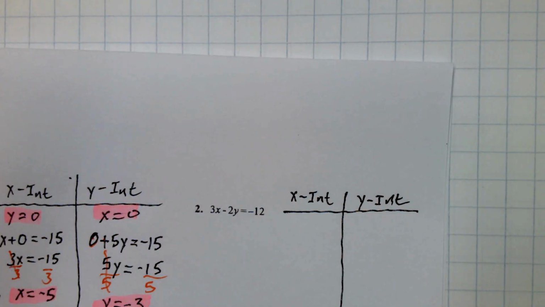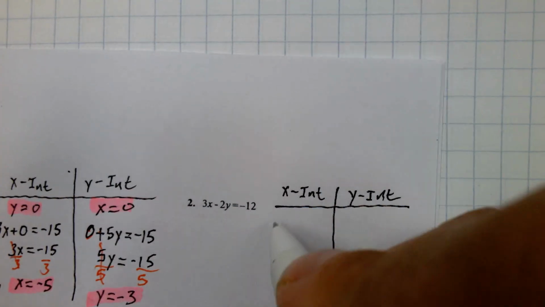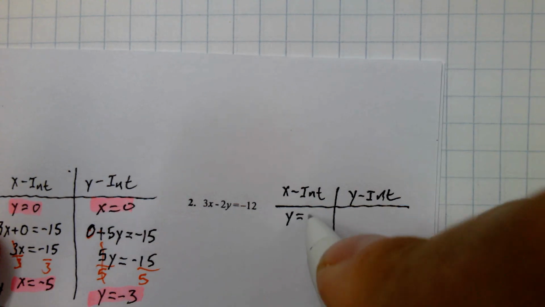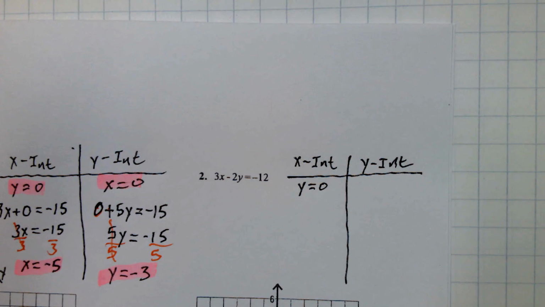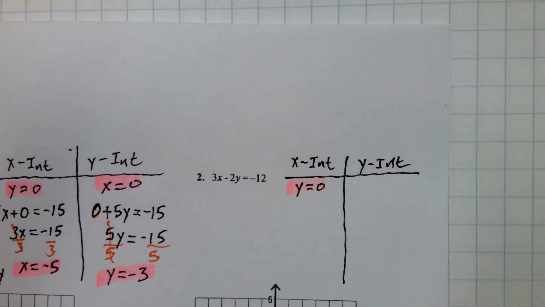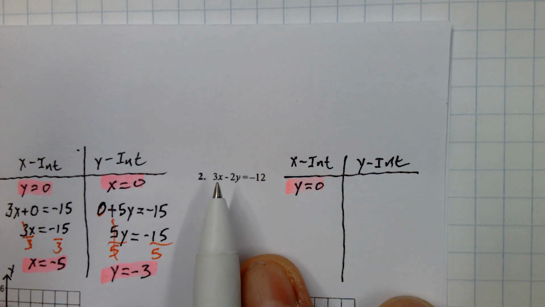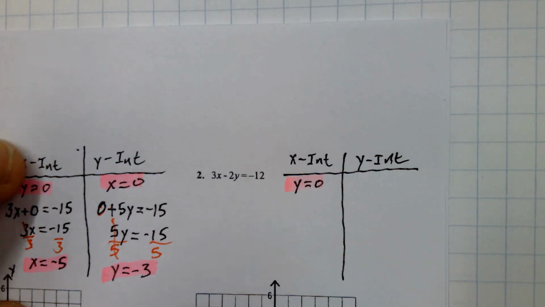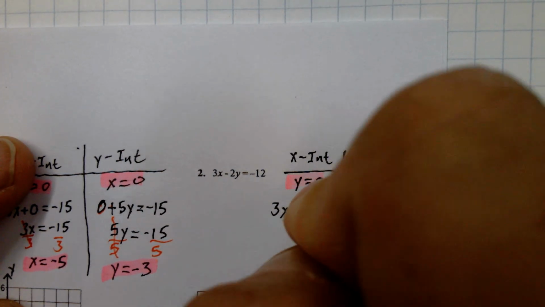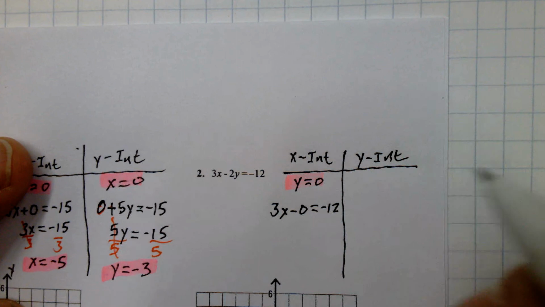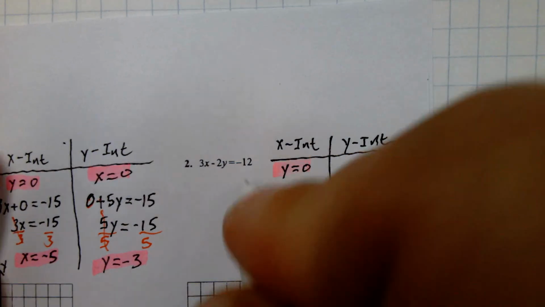Now, here we go. We want y to be 0 for the x-intercept. We go to our equation, and we want to replace y with 0. So this is going to be 3x minus 0 equals -12. Let's get rid of minus 0. We don't need that.